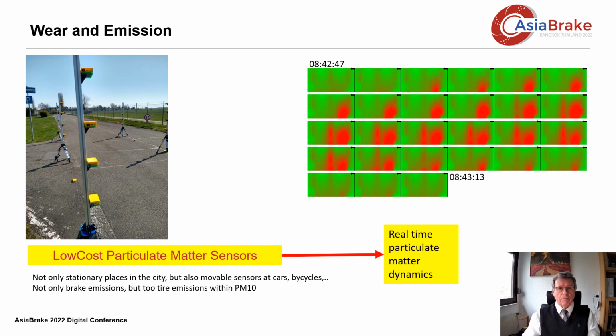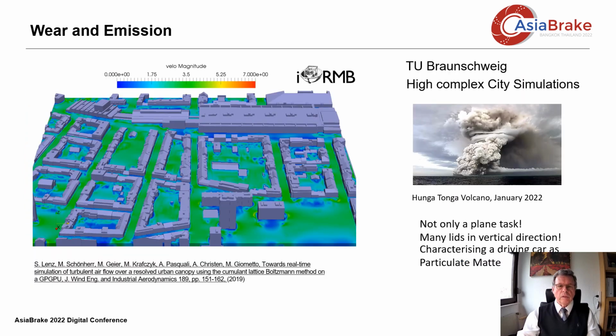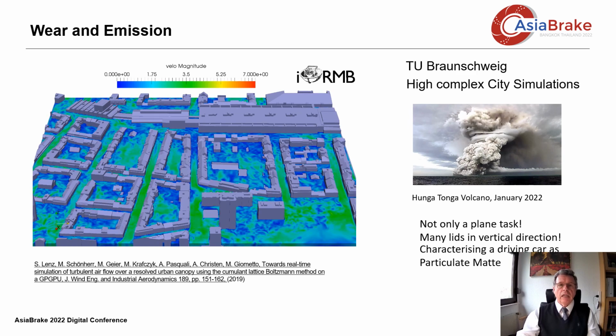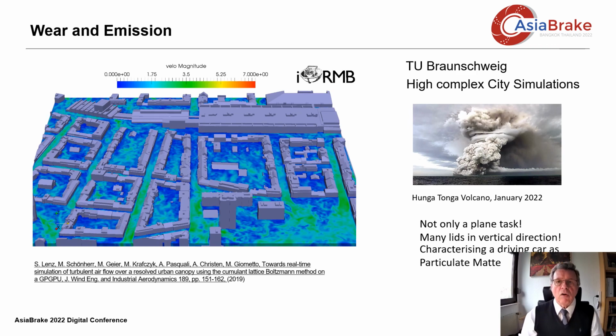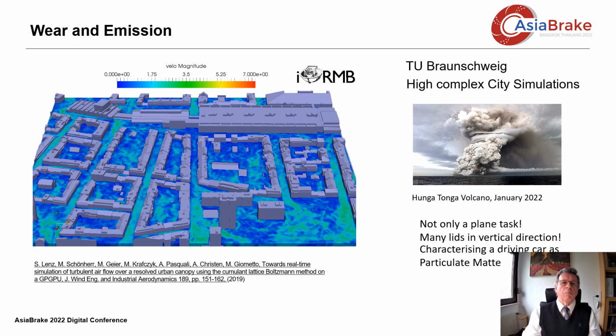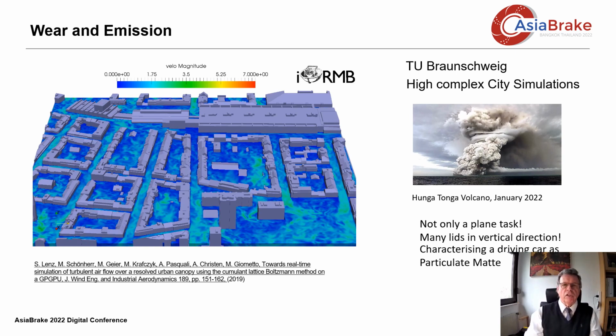Much clearer are measurements at the car itself. We mounted our sensors on a lot of cars. Data science gives us possibilities to analyze principal emission properties of cars. This will be published soon. Our long-term goal is a complex city simulation. Here you can see the movement of the air in the city as the wind blows from the top to the bottom of the image.